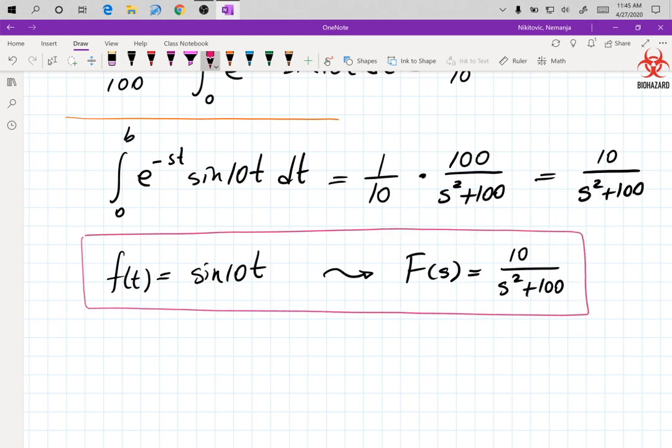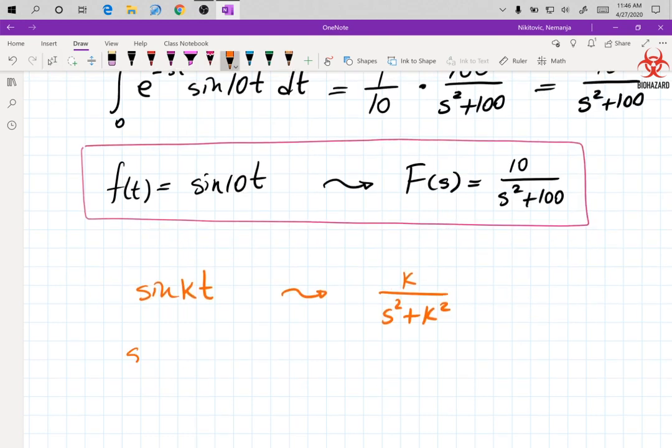And it took some doing, obviously, some effort, but we got it. If you look at the front of the book, not the back of the book, it says that if your f of t is sine kt, it will transform into k over s squared plus k squared.